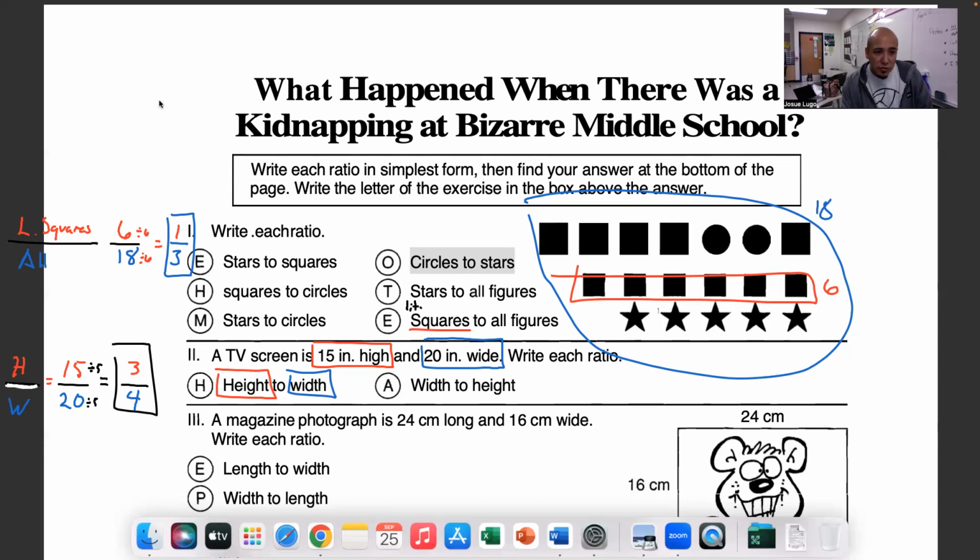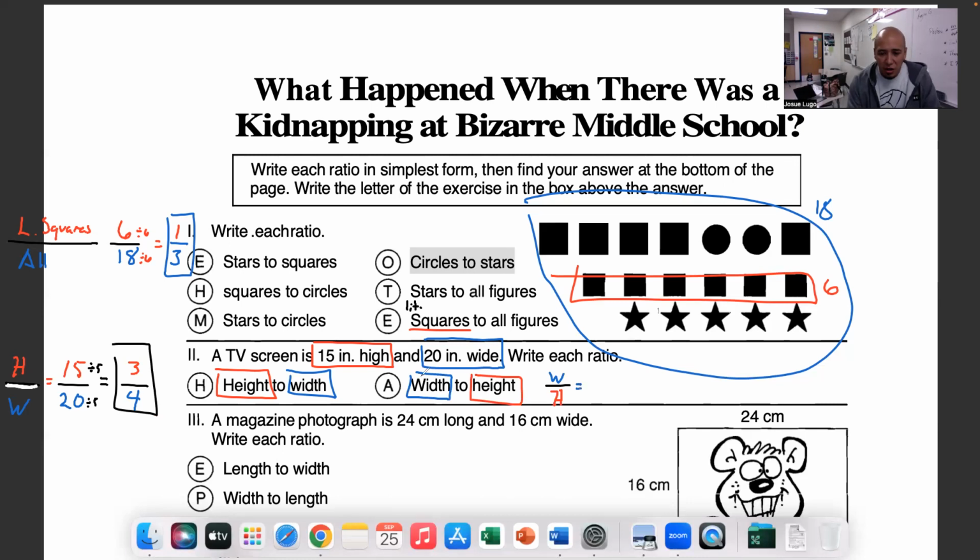Now, don't be confused, because notice what the very next one is asking. The next one is asking, what is the ratio of the width to the height? Now, I know that it's asking about the same two things, but notice that the order is reversed. And remember, the order is very important. So for that reason, my fraction in words is actually going to be width over height. So this time, what is the width of this shape?